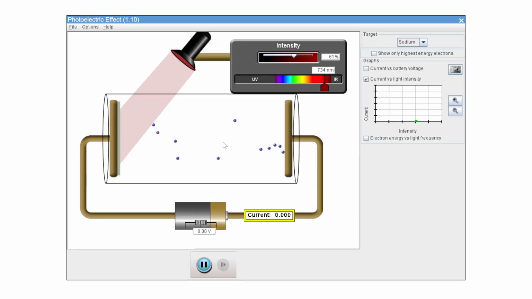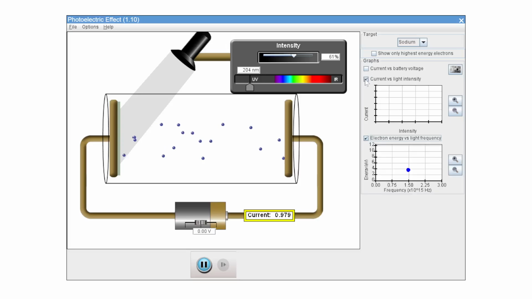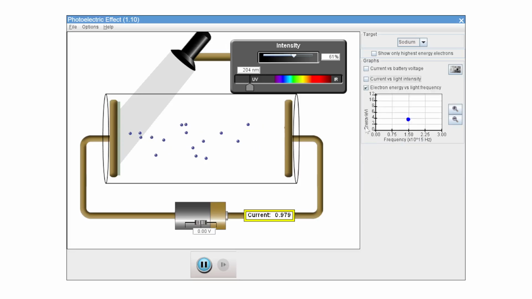Intensity is so high, see, intensity is here, but the current is still 0. Okay, now what we're going to do is measure electron energy. So we are going to take high energy. Less wavelength means high energy. Let me show you this graph. Frequency and energy: I'm increasing the frequency, so you can see the energy is increasing.